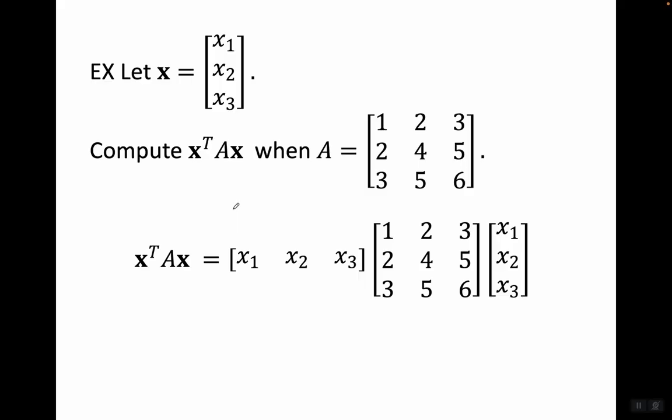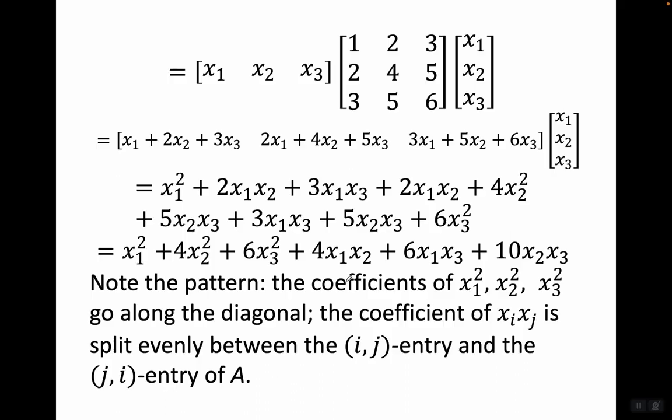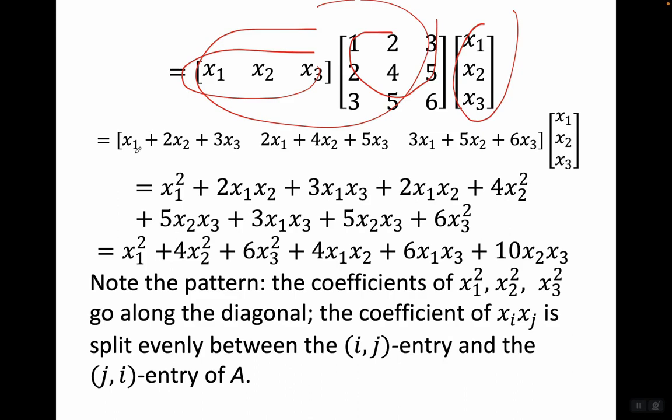How about if x equals x1, x2, x3? Let's compute x transpose Ax when A is this 3 by 3 matrix. Okay, you know the routine. So x transpose Ax is going to be this row vector times this matrix times this column vector. Notice what we get when we multiply these first two together: x1 plus 2x2 plus 3x3, 2x1 plus 4x2 plus 5x3, 3x1 plus 5x2 plus 6x3 times x1, x2, x3.